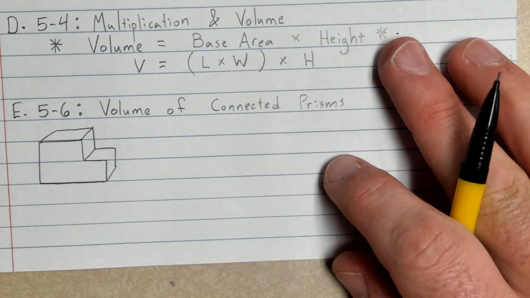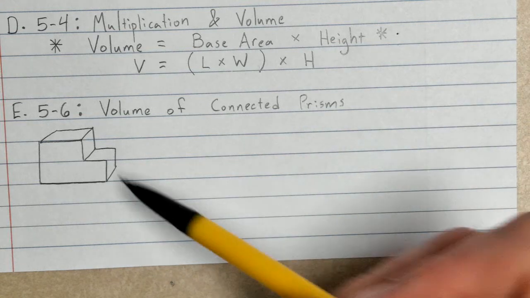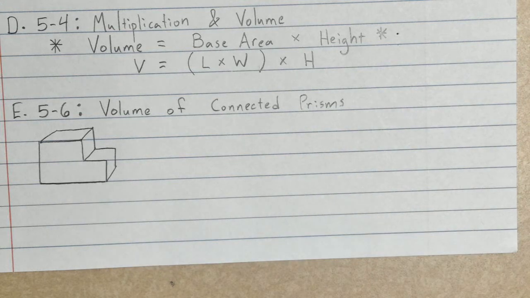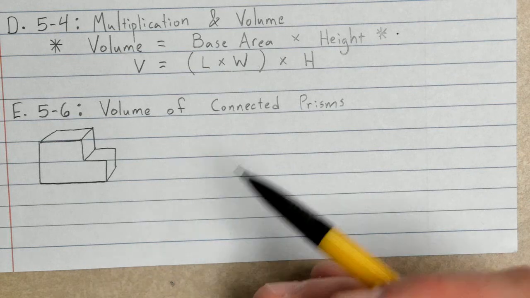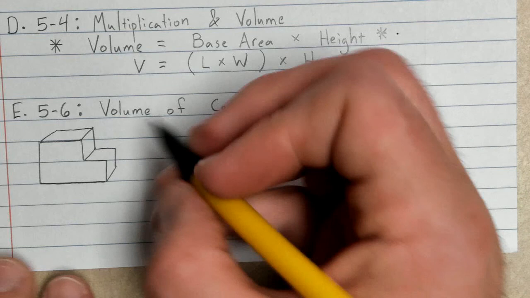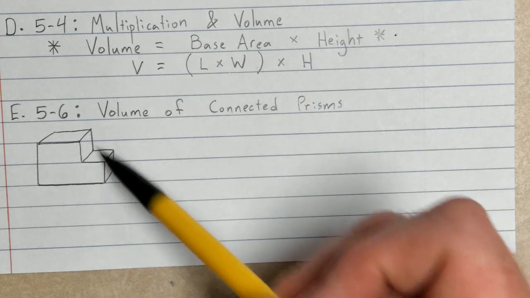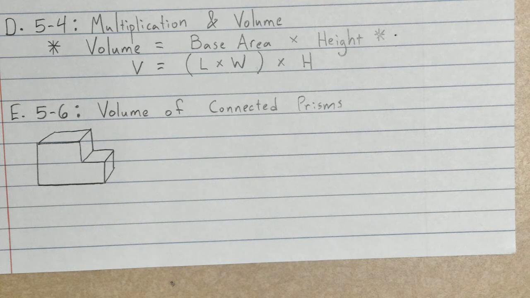Okay. Now, how would I find the volume of this? Even if I had length times width times height, it's got a chunk missing out of it. It's not a perfect rectangular prism.